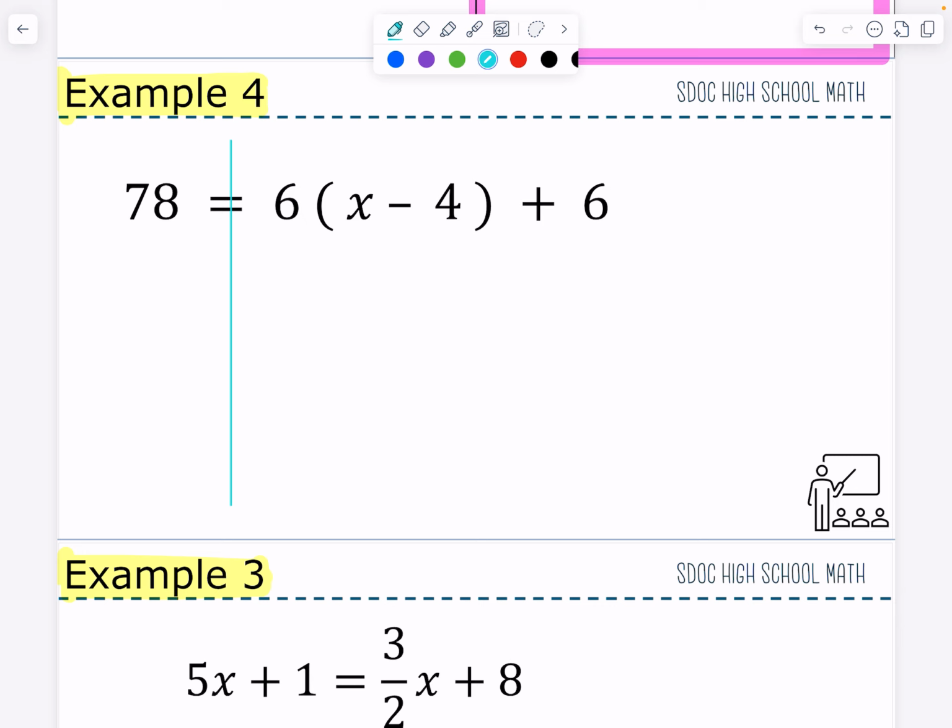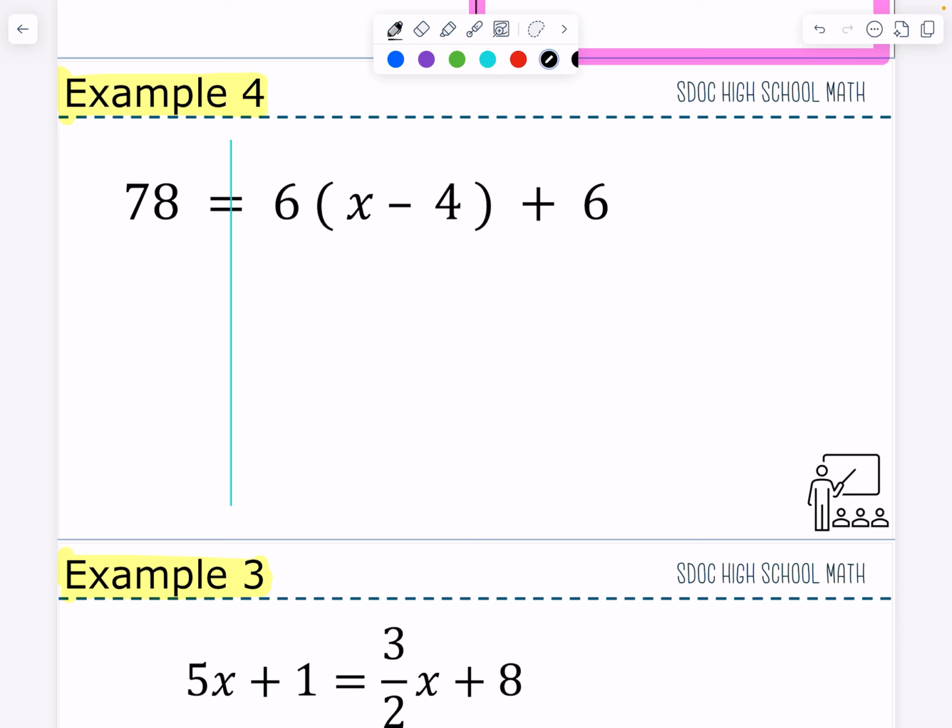So if I do something to the left side of the equation, I've got to do the same thing to the right side of the equation, or else it's no longer equal. This imaginary line helps me to know that when I'm trying to move something from one side to the other, I make sure that I do it to both sides. Now, I don't always draw that line, but if it's something that helps you, then you've got that there.